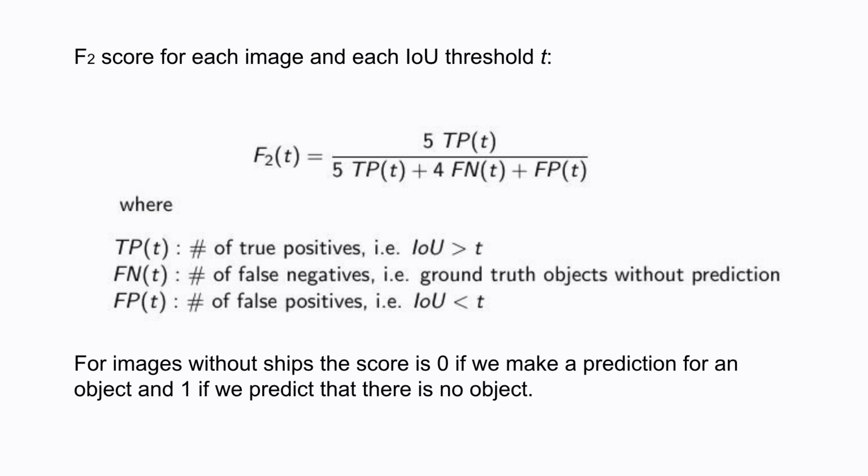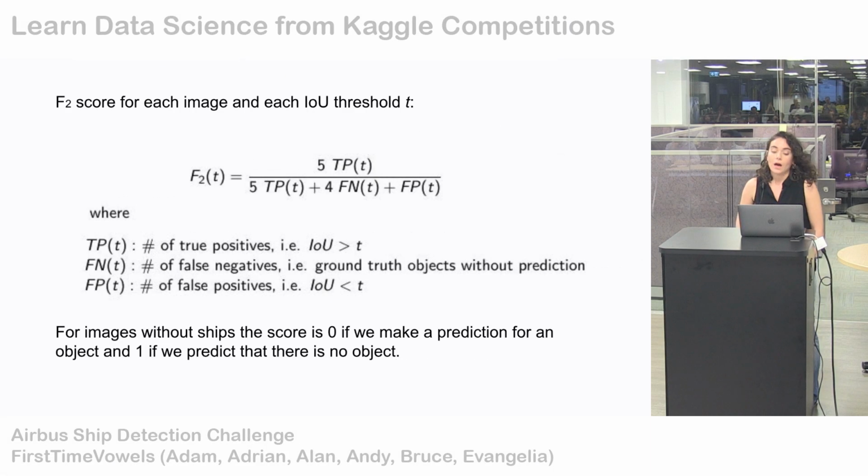For each image, we calculate this formula over there for each threshold. By TP, we mean the number of true positives, so all the predictions that are actually good based on the threshold that we are looking at.